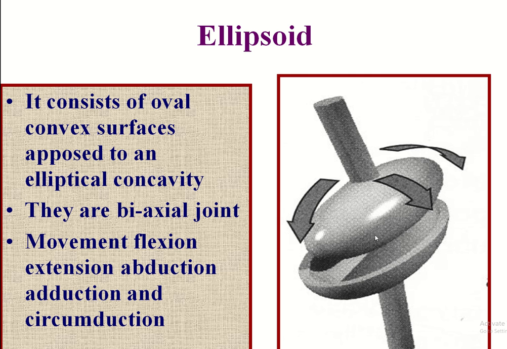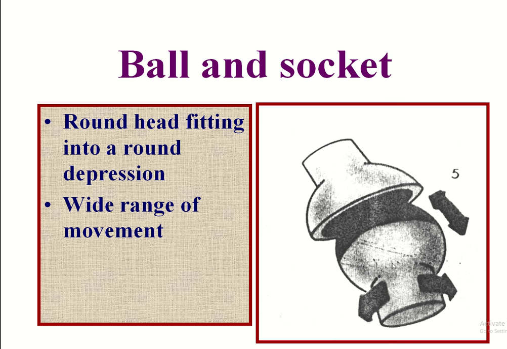Ellipsoid, one articular surface is oval and another articular surface is concave. This is ball and socket. One articular surface is ball-like and another articular surface is socket-like. The shoulder joint and the hip joint are examples of the ball and socket. And a wide range of movement is seen in this type of joint.